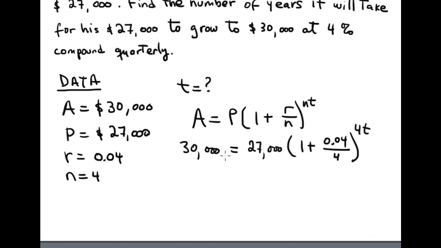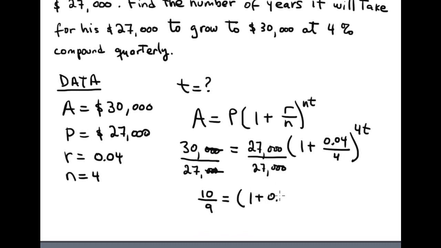Now I propose, for example, divide by 27,000 on both sides. So we cancel out these 0s. And you reduce to lowest terms, divided by 3 is 10, divided by 3 is 9. It is equal to 1 plus 0.04 divided by 4 is 0.01, or it's equivalent to say 1.01 to the 4t.